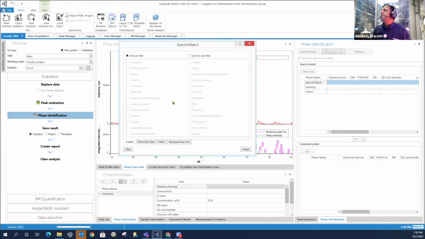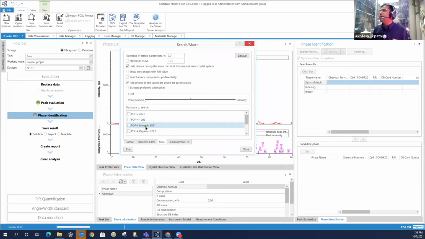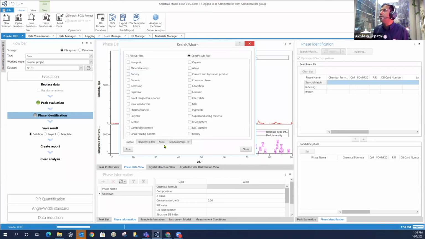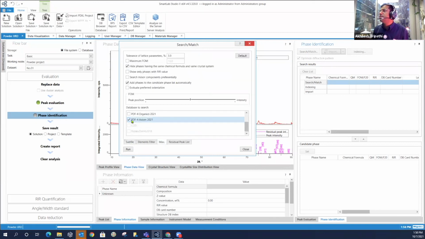In the search match, you can see specify subfiles. I can divide it into just looking at ceramics. Here you can see, but not all the databases. All ICDD databases are dividable into ceramic, but databases such as COD, which is a free database, you can't even guarantee everything is there or not, but it's quite huge, and it has grown over a period of time and doesn't have this facility.